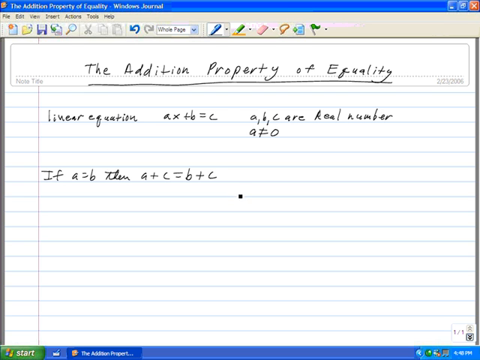What this is in essence saying is that whenever you have an equation, you can add basically whatever you want to the two sides of that equation, and you end up with something that is equivalent.